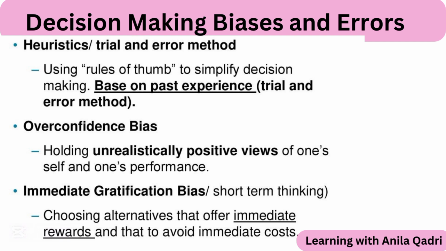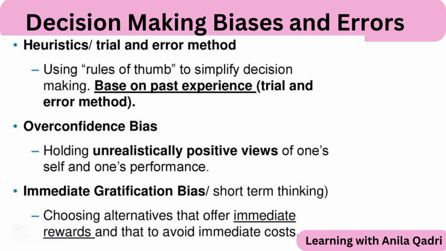Decision-making biases and errors. Heuristics, trial and error method: using rules of thumb to simplify decision-making based on past experience.